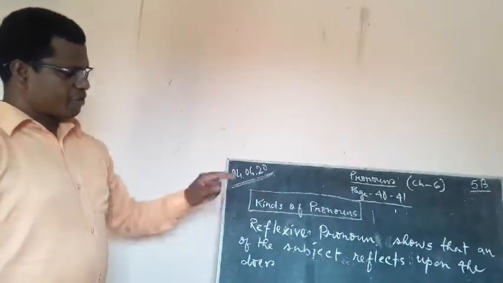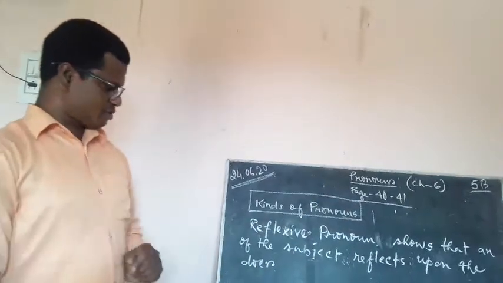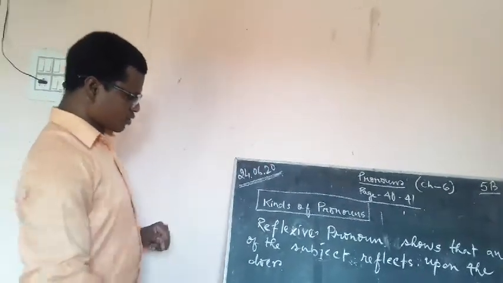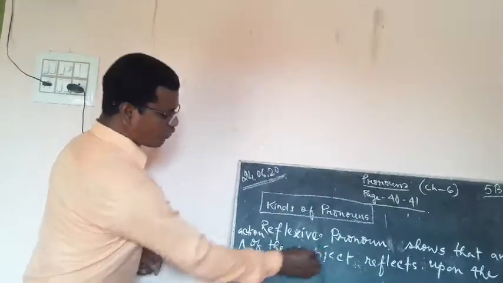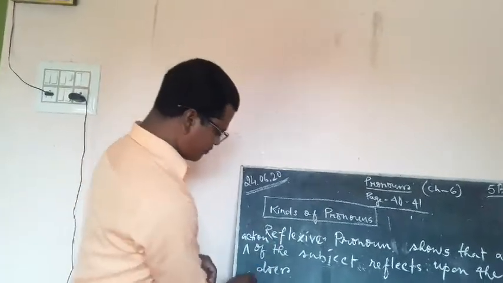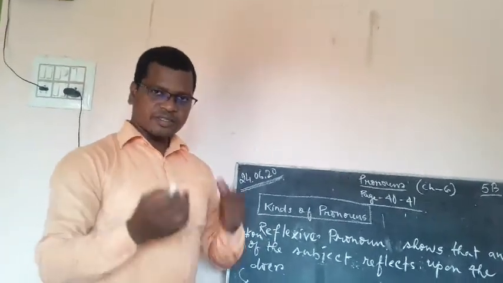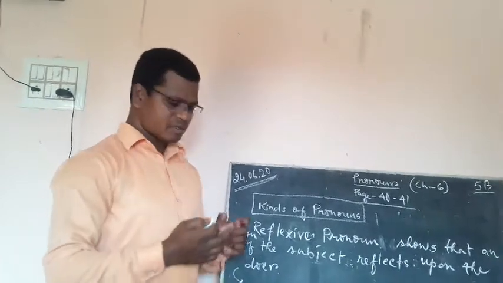So reflexive pronoun shows that an action of the subject reflects upon the doer. That means here the subject and the object refer to the same.